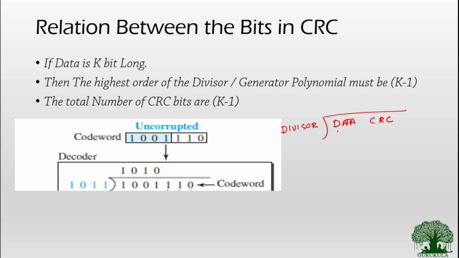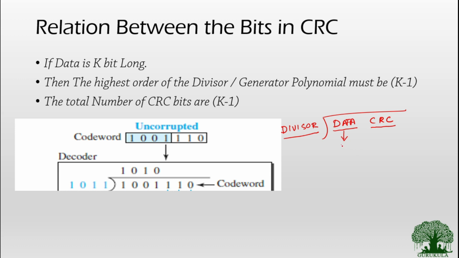How many bits of data are required, how many CRC bits are required, and what divisor polynomial I have to choose, everything should have a relationship. We cannot go for any random number of bits that can be added to the data. Everything depends upon the number of bits in the data.